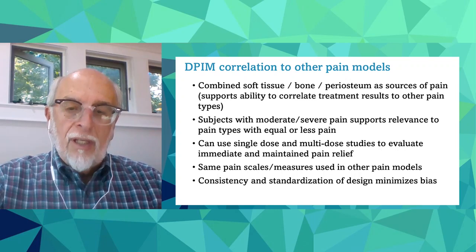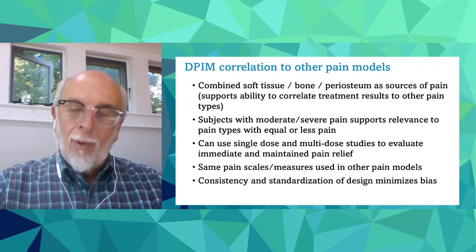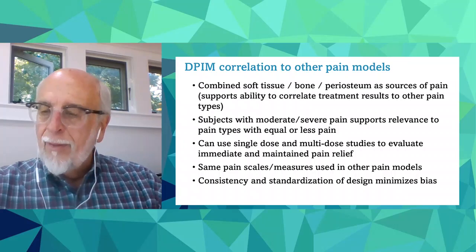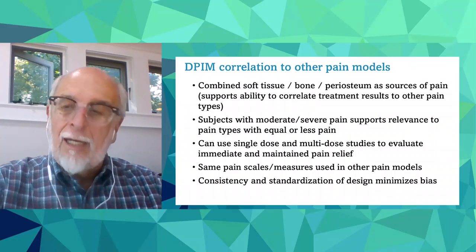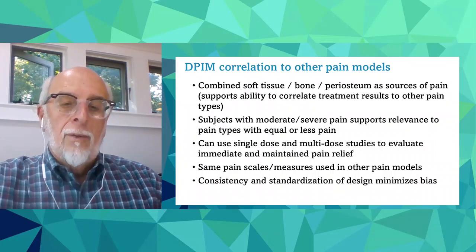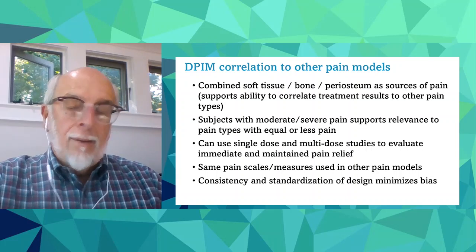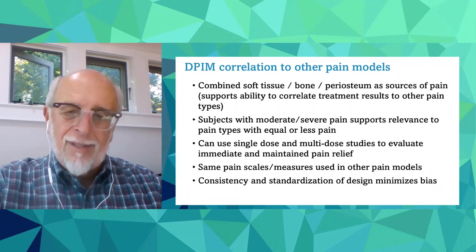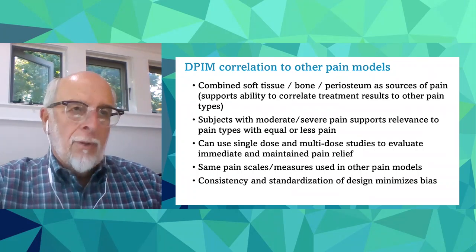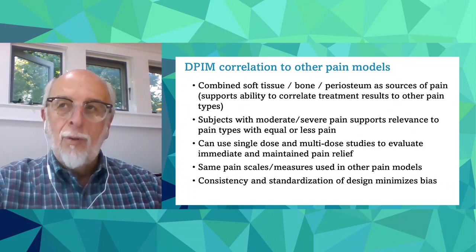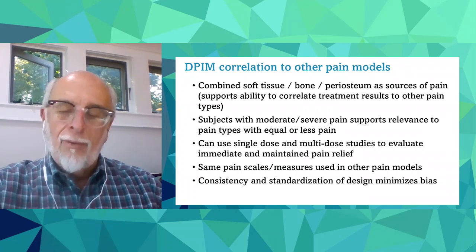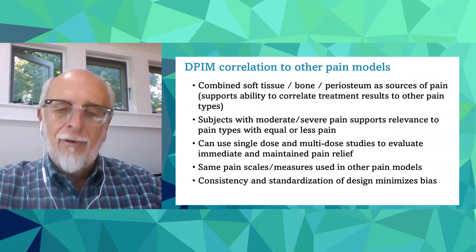You can use single or multi-dose studies to evaluate whether those pain-relieving effects are sustainable over time. And the pain measures that we use, those pain intensity scales, pain relief scales, are the same scales that are used in all the other post-surgical models and the other acute models, except for headache.